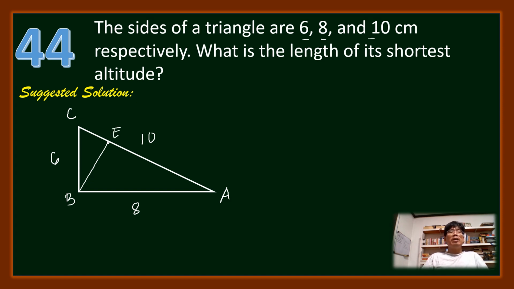From here, we have three triangles that are similar. That is from the similarities in right triangles. So we have triangle ABC similar to triangle AEB.